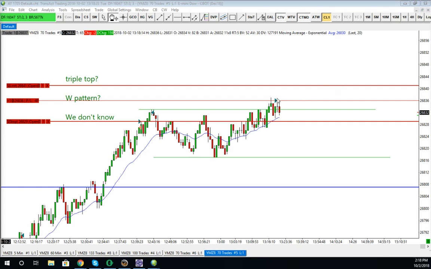Right, this blue arrow shows us where we went long. If this doesn't start moving up, I'll scratch it.